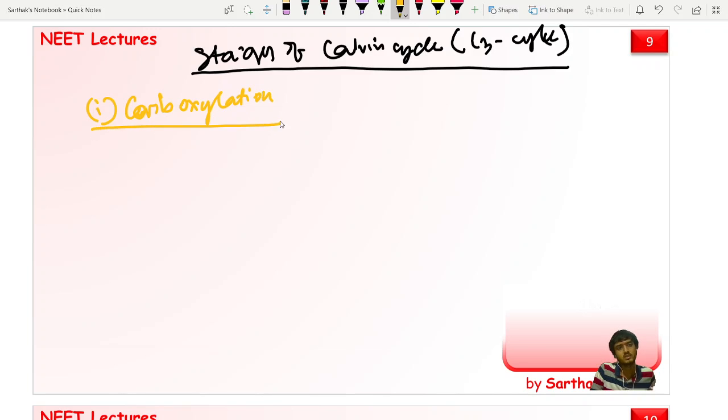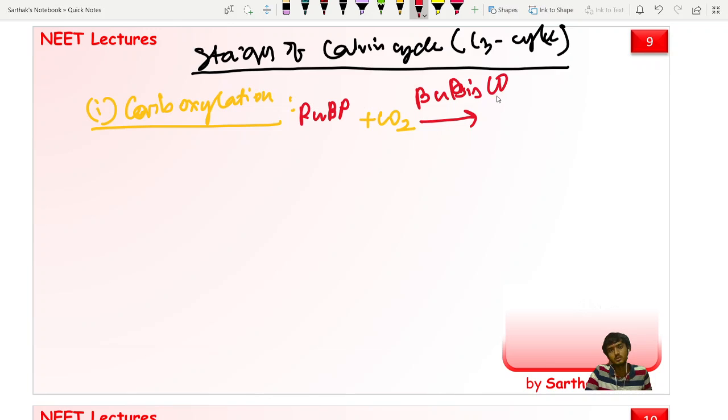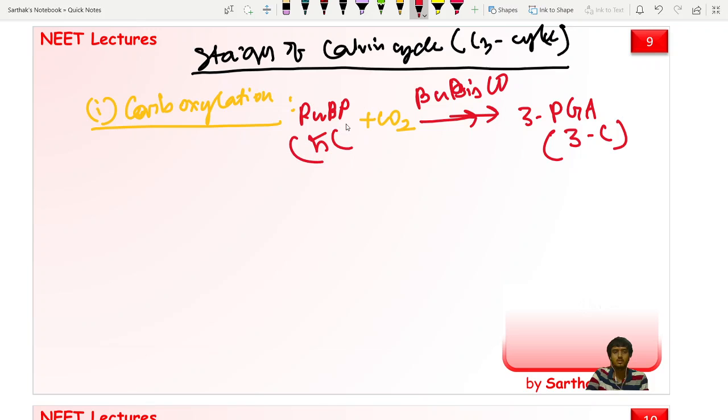In carboxylation, CO2 is added to a compound known as RuBP, ribulose bisphosphate, and the enzyme is Rubisco. The product formed is 3-PGA, which I told you is a 3 carbon compound. RuBP is a 5 carbon compound.